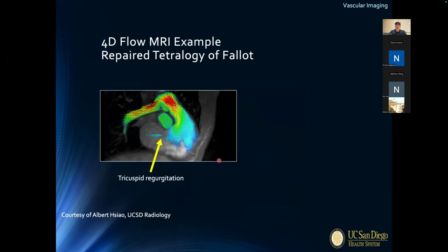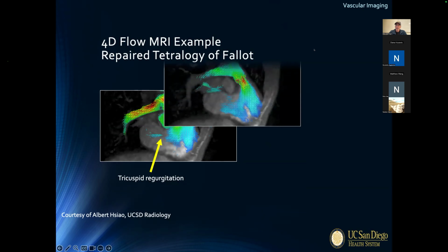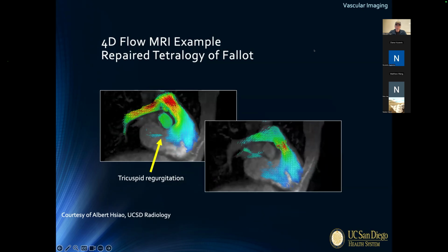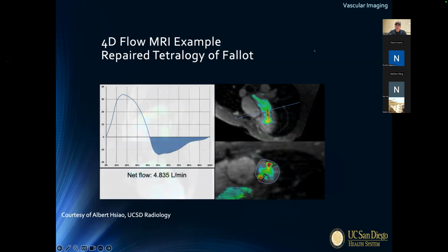Okay. I think I'm going to pop out of this. Oh, so this is showing, in the 4D image, you can draw a line or a plane through any orifice or pathway you want, and then integrate how much flow is going through that shunt or orifice.